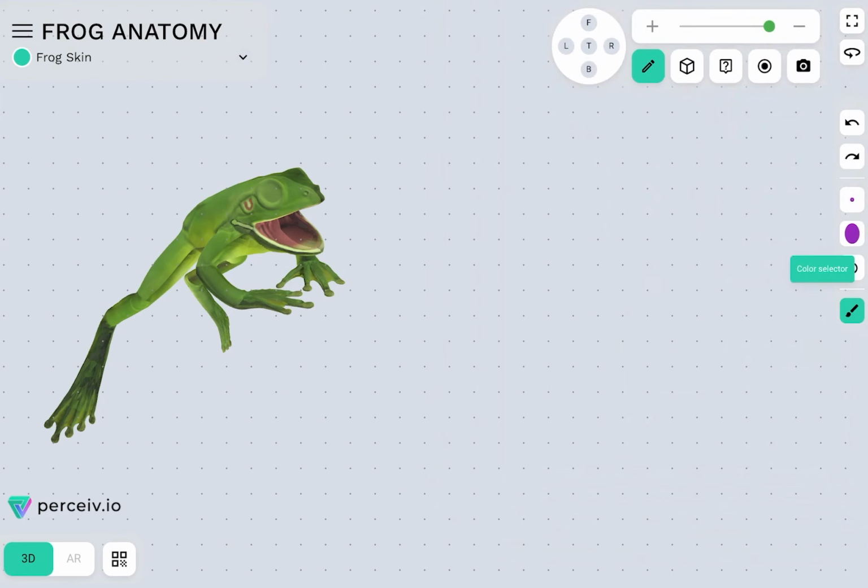So the next important point is that they can change their color in order to protect themselves from their enemies.